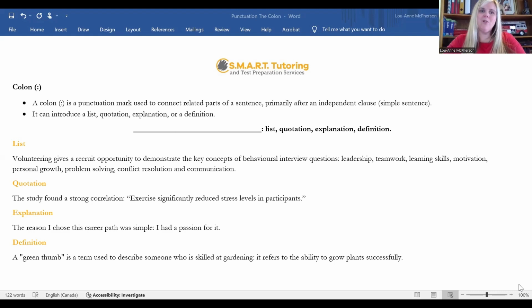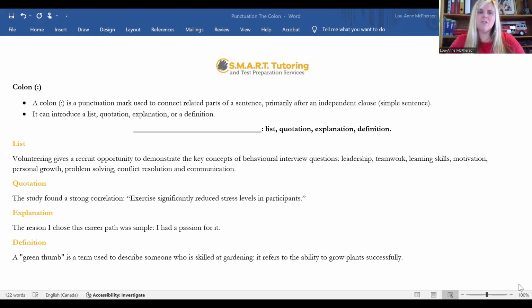The first example is using a colon to introduce a list. The example here is: volunteering gives a recruit opportunity to demonstrate the key concepts of behavioral interview questions: leadership, teamwork, learning skills, motivation, personal growth, problem solving, conflict resolution, and communication.